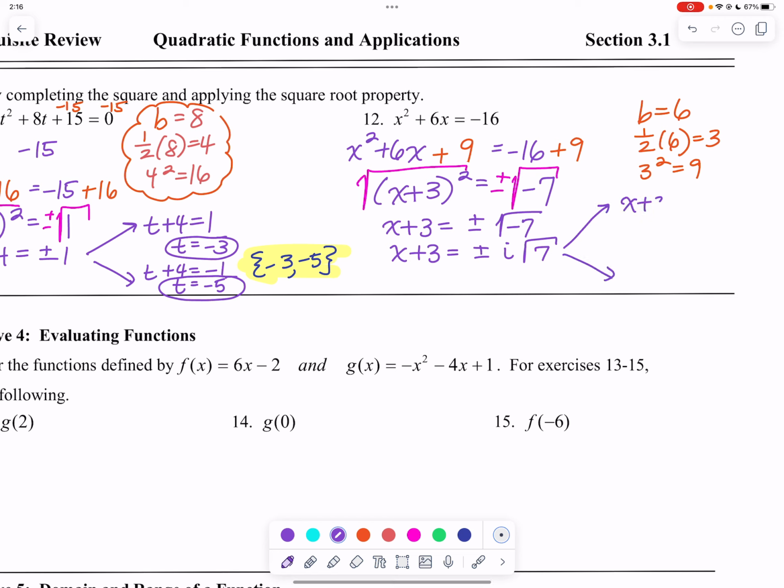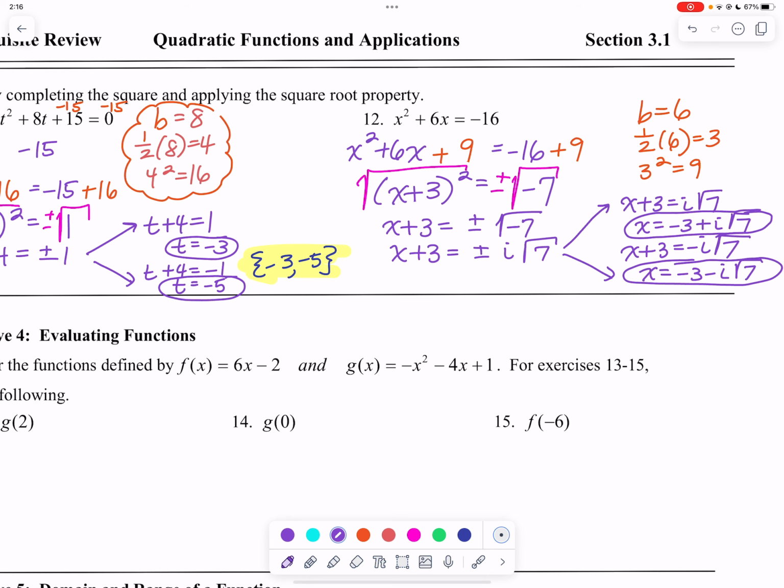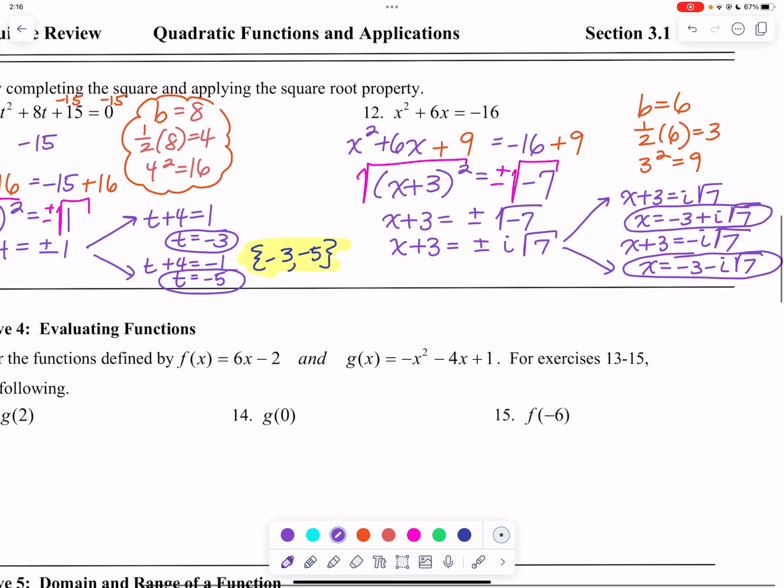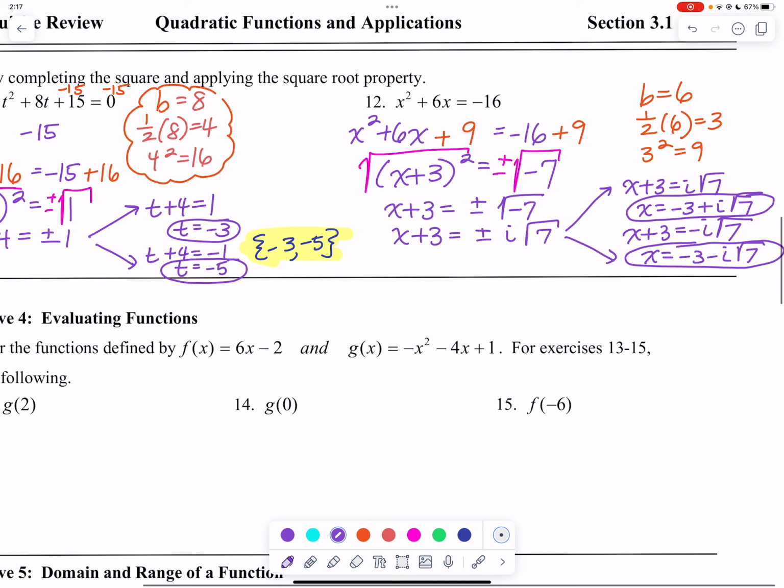We have x plus 3 equals i root 7, and x plus 3 equals the opposite of i root 7. We will subtract 3 from both sides, and we will have negative 3 plus or minus i root 7.